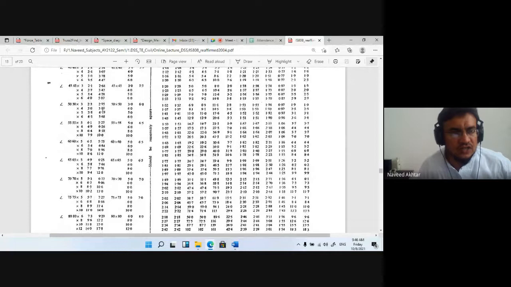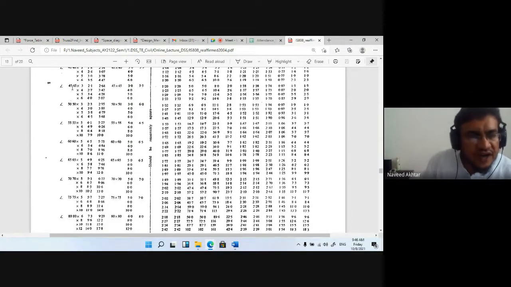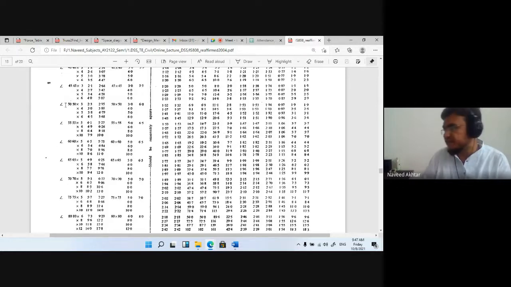You can see it is ISA 50 by 50 by 5, the area is 479, and ISA 45 by 45 by 5 area is 428 mm square. So I will go for ISA 50 by 50 by 5.